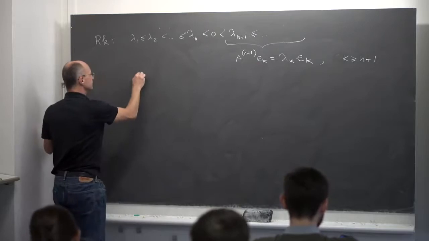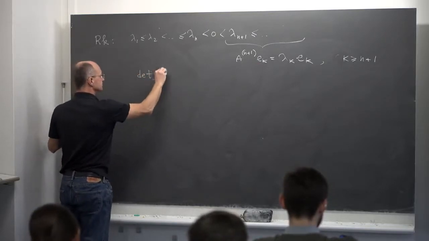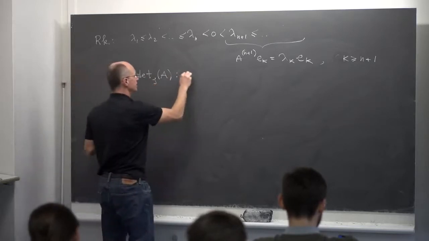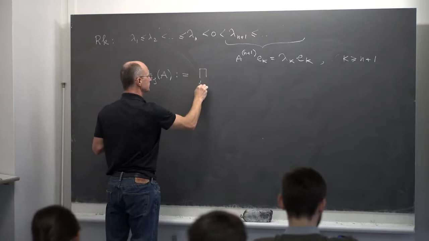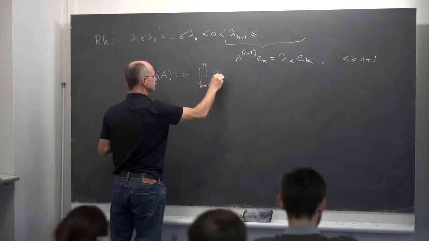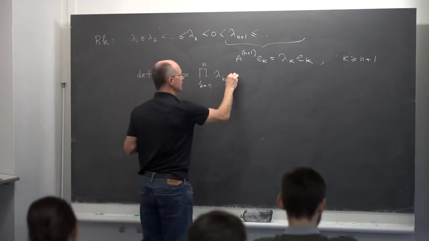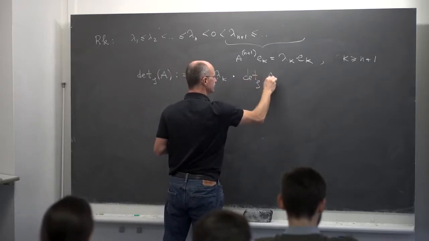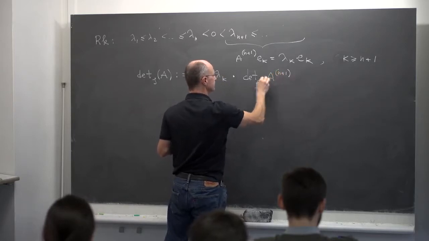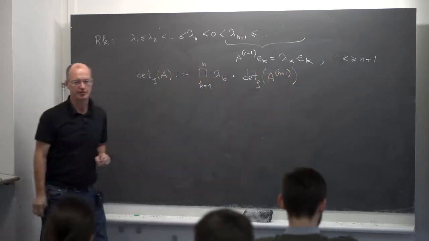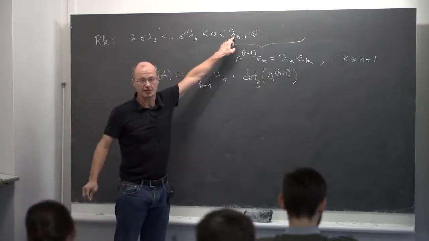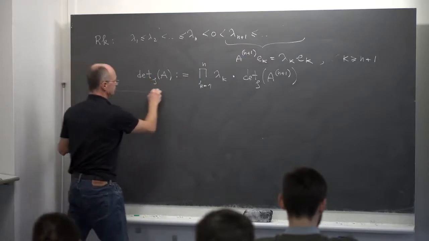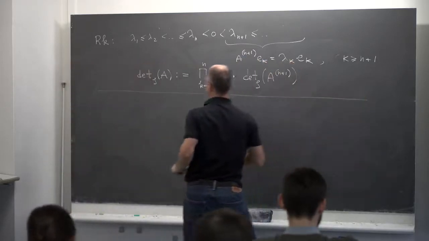So then you can define the zeta regularized determinant of A as a product from 1 to n of the negative eigenvalues. And for the rest of it, you take a zeta regularized determinant of the operator acting with positive eigenvalues on the remaining part. So this is just to fix the notation.